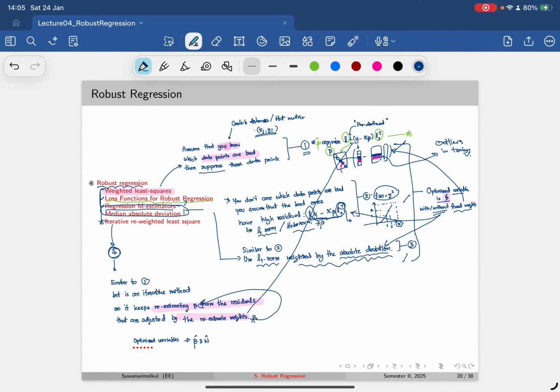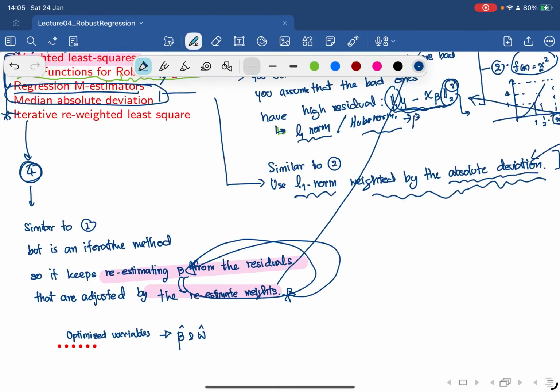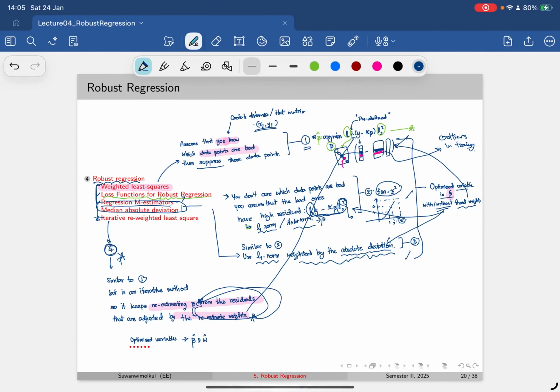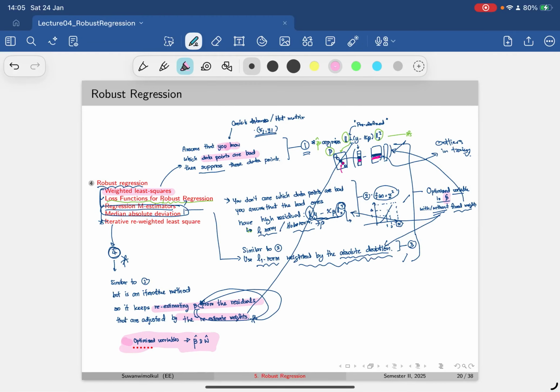Then with the new beta, it will go back to re-estimate the weight again and perform this loop of iterations until it converges. And there are actually conditions to check whether or not your algorithm will start to converge. Therefore, the difference between this technique number 4 versus the rest is that in this case, your optimized variable will not be just beta. It will be both beta and the weight.